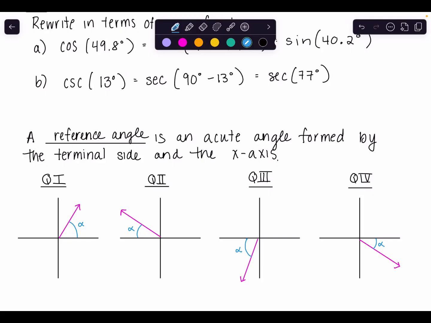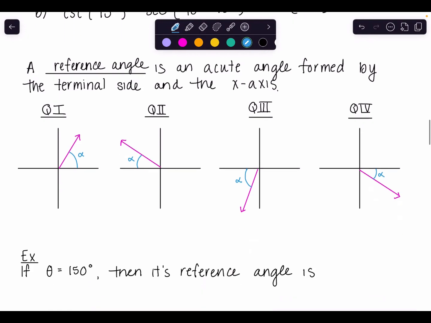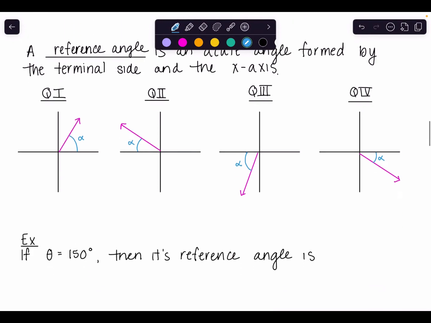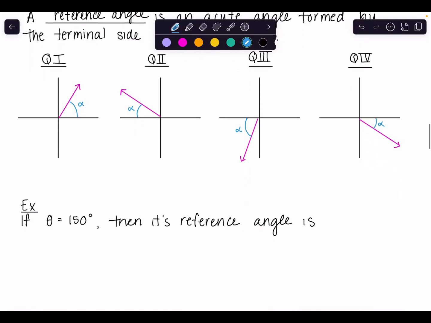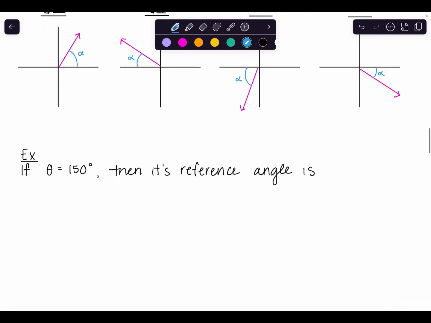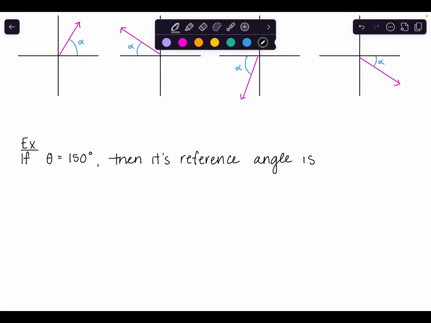So to show you with some actual numbers and kind of explain what you're going to do to find cosine, sine, tangent of your angles, you're always going to find the reference angle. So if theta is 150 degrees, then its reference angle is the following. So I'm going to draw my xy plane. This is 0 degrees, 90 degrees, 180 degrees.